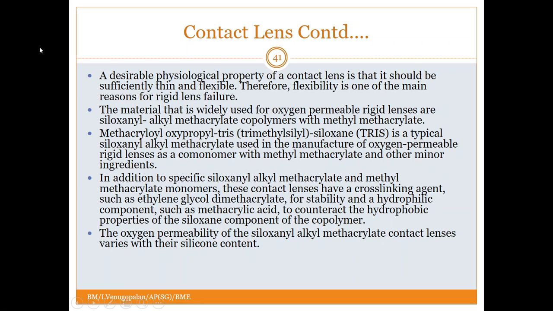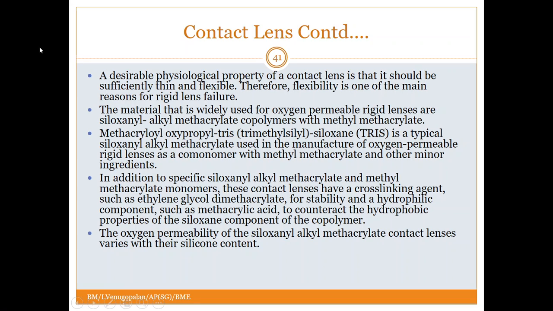So basically, the desirable physiological property of a contact lens is that it should be thin and it should be flexible. You don't want this massive contact lens protruding out of your eyes, right? The reason why a person chooses contact lens over specs is to make sure that nobody notices that they have something to correct their eye power, right?